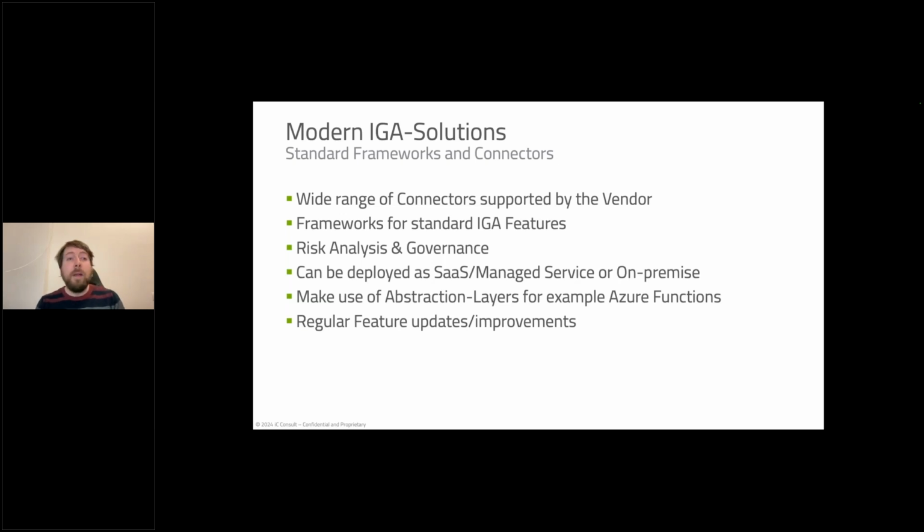Here you could say, okay, yeah, maybe we're going to keep something from the old world. The same goes for frameworks. So each IGA system has a framework and standards to be worked by. So you have to change your governance here to adapt to the new product.